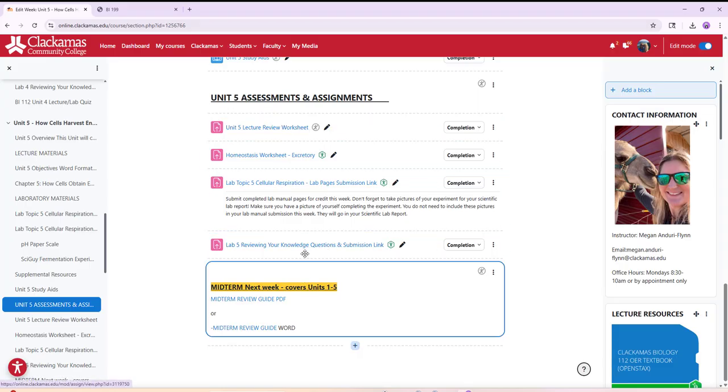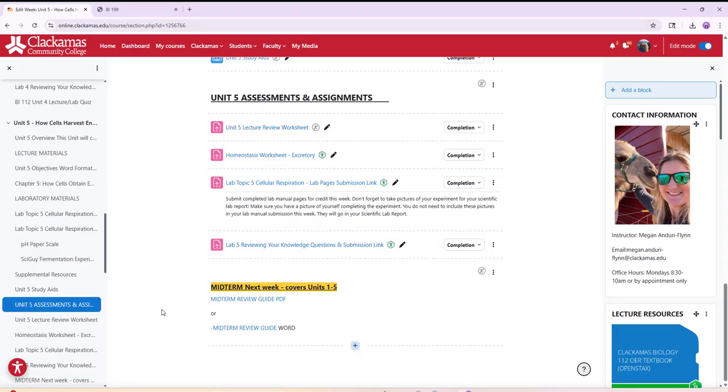In addition to your normal assignments this week, you should be preparing for the midterm exam. So the midterm starts next Sunday at 8 a.m. and it will be available through next Tuesday, midnight. So you'll have 3 days to take your midterm exam.